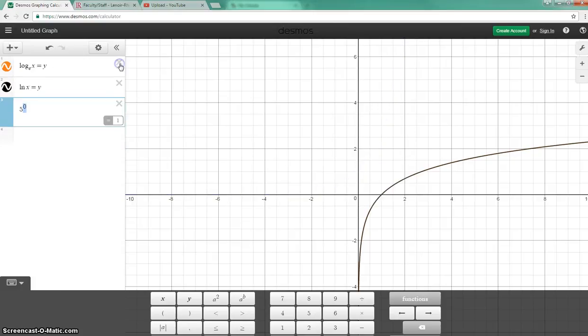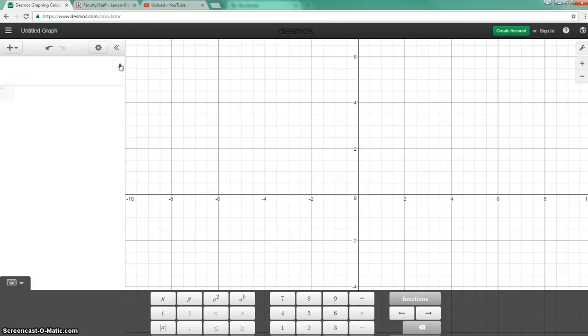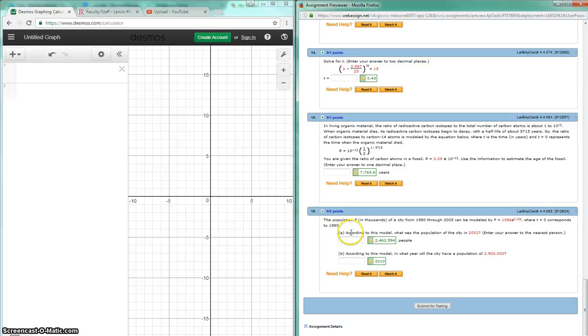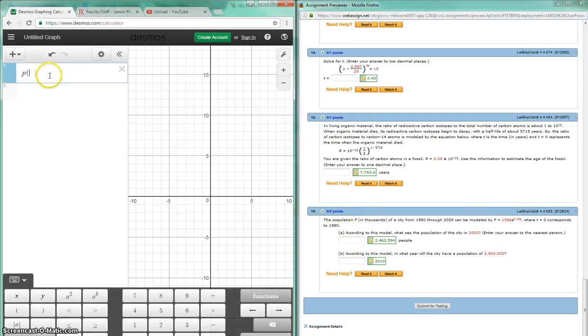So if I have this equation, like on number 16, I get some p of x equals 1586 e raised to something with a t, 0.02, I'm going to call it x again.